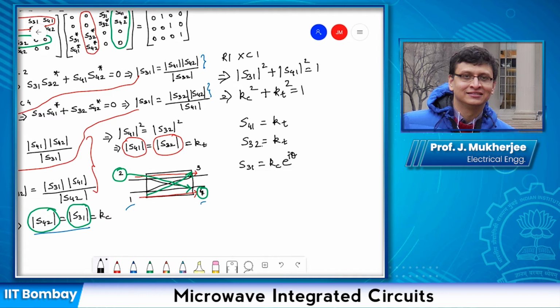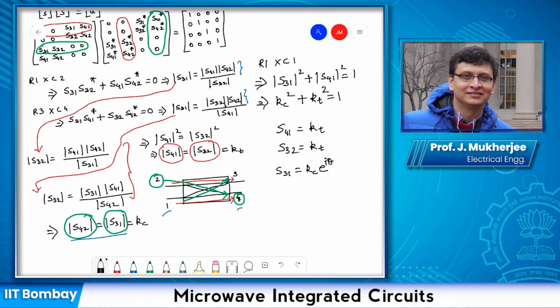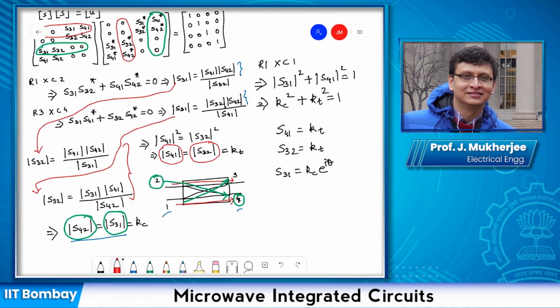Okay, and let me substitute in this equation all the values that we just assigned. So then what do we get?